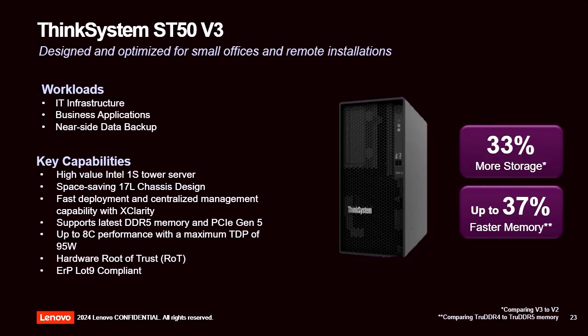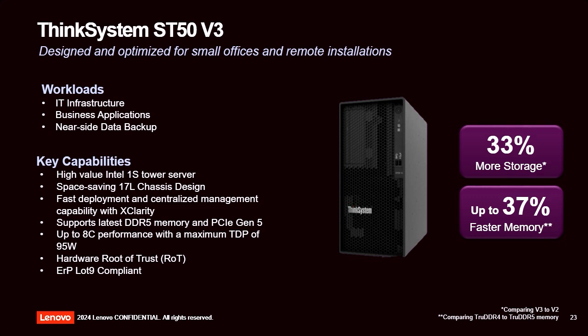All right, so moving down again to the ST50 V3, again, that smaller box, you can see it's 17 liters, with that library-quiet whisper acoustics. The one thing though is that you'll notice that this doesn't have any hot swap drives. One of the trade-offs to keep costs down is that these are actually built into the server with some plastic trays we use, but we don't have that ability for the hot swap.